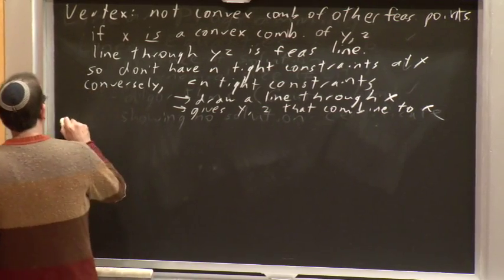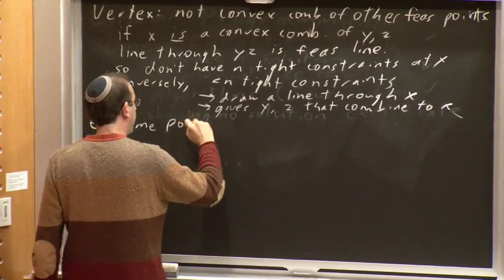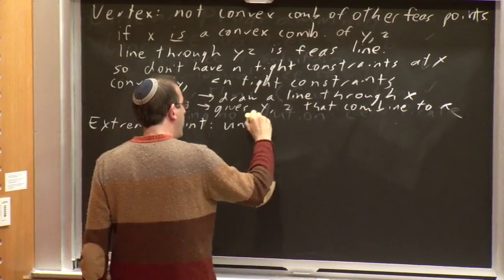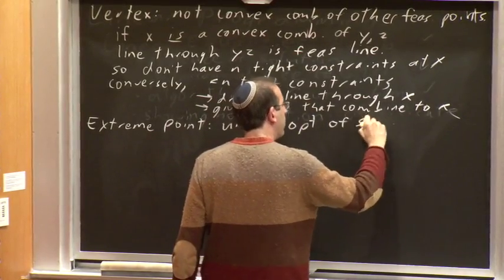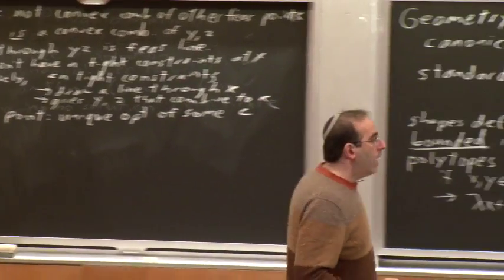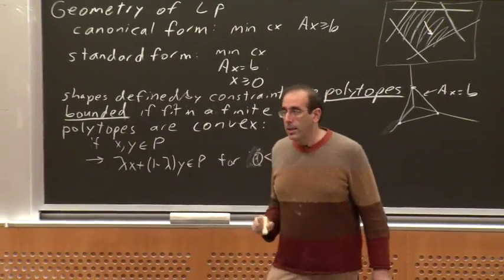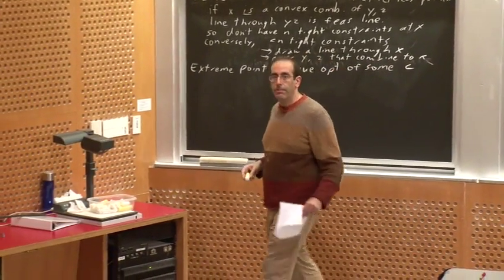Okay. Now we also had this notion of an extreme point, which is the unique optimum of some objective C. And I want to show you that an extreme point is also the same as a basic feasible solution.